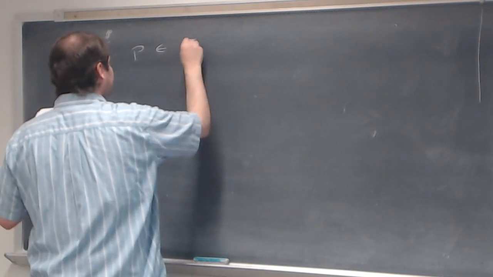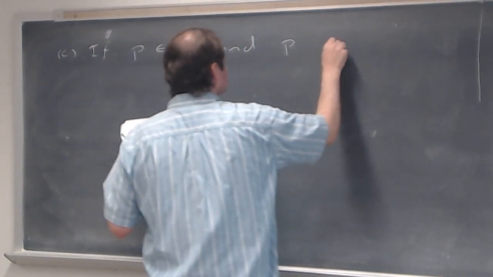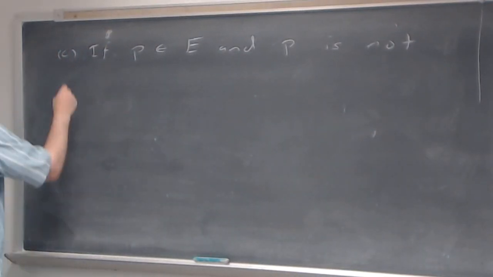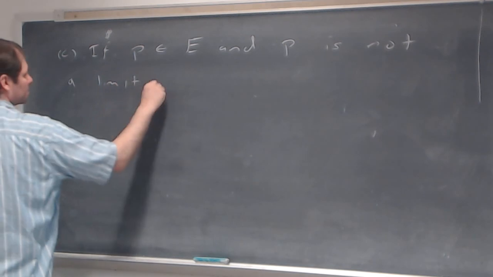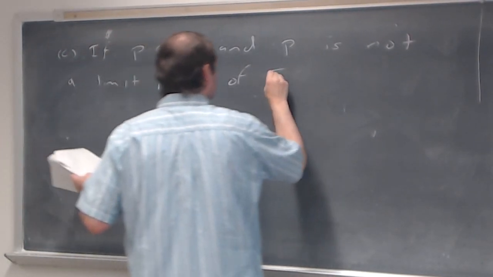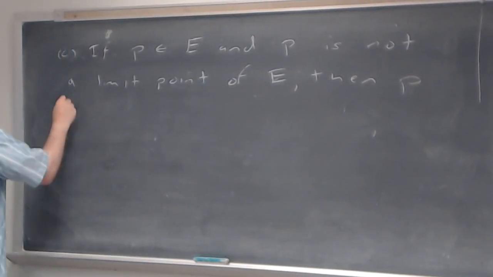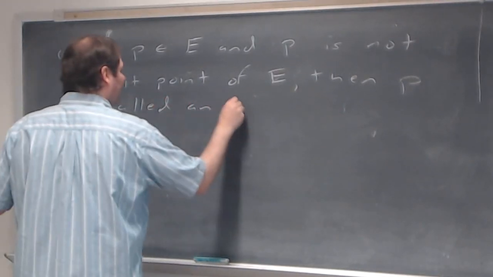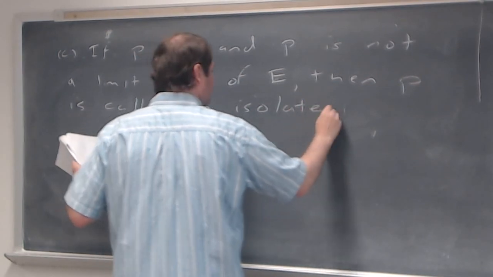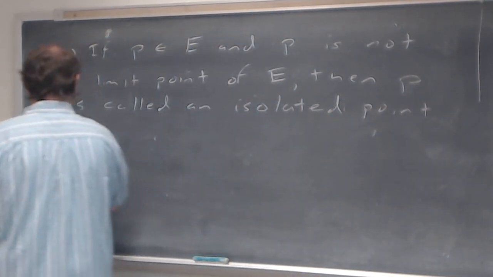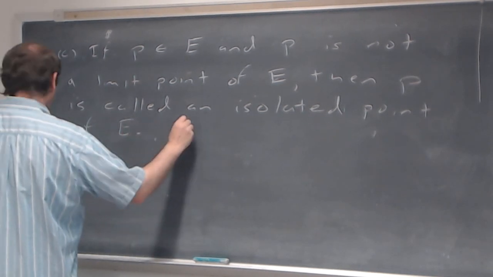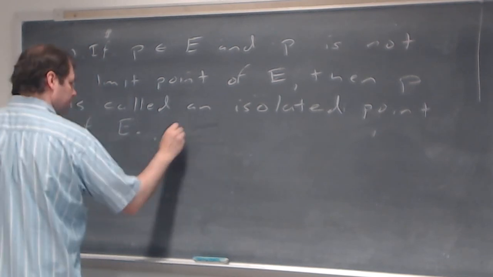Okay, the next definition we're going to look at is if P is an element of E and P is not a limit point of E, then P is called an isolation point, or isolated point, of E. And so if we think of the real numbers, if we look at E, this is an example.